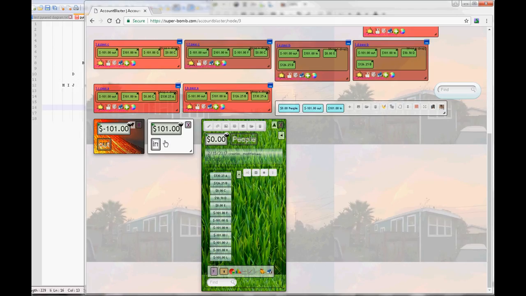He pays him $101 because his actual bank account right now says minus 101 because he just paid and he needs to get paid because he's got the descendants. And so this guy gets a check for 151.50, right? This guy gets a check for 101.